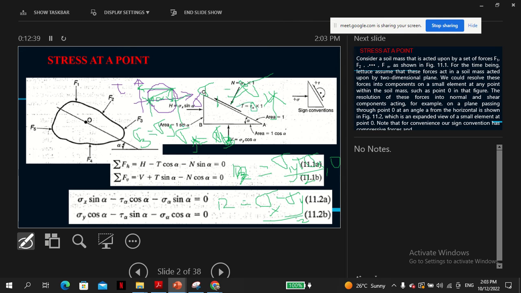You remember I told you that we want to describe the stress state from 0 to any angle. Once you know the stress state, you can say I want to know the stress state at 10. Once you have the Mohr circle, you just measure 10, then you can read off the stress state.